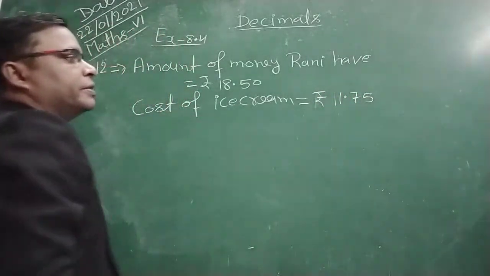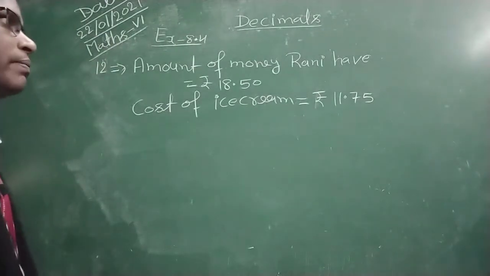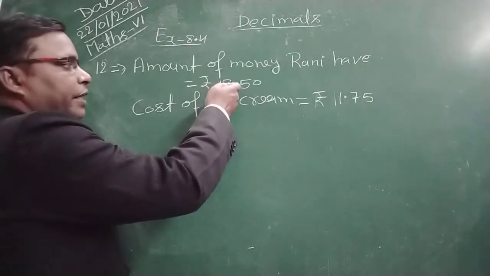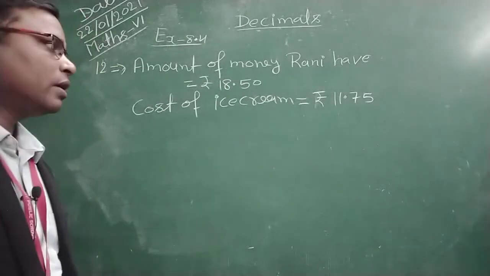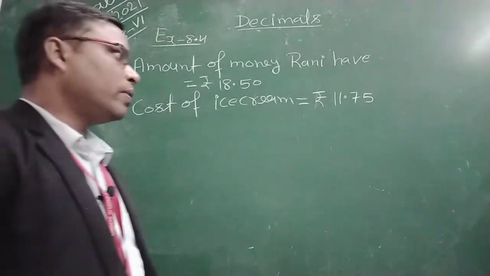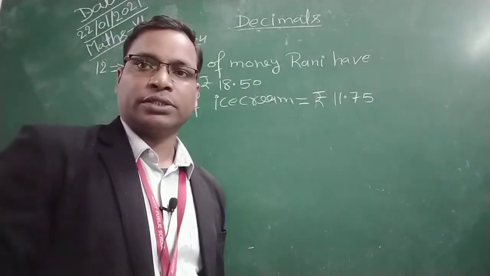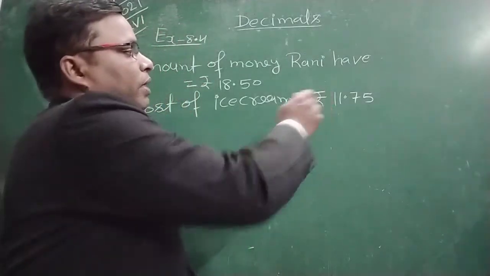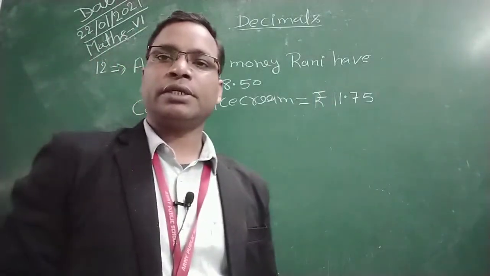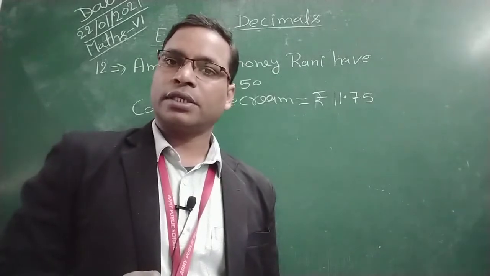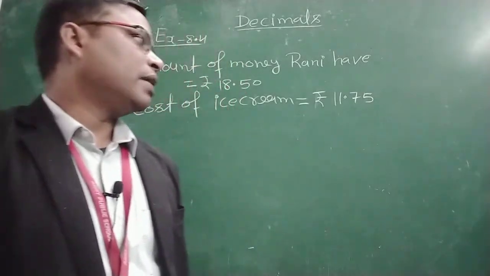This is clear. Amount of money Rani had is 18.50, and she bought ice cream for 11.75 rupees. So it means that the cost of ice cream is 11.75 rupees.